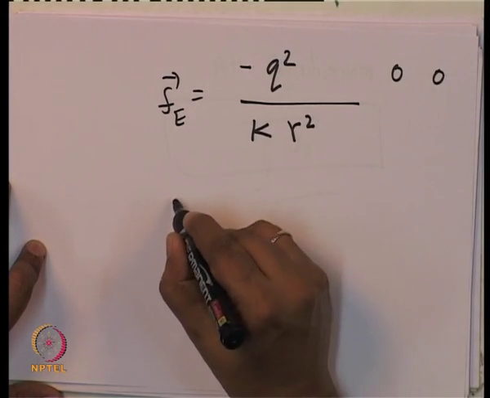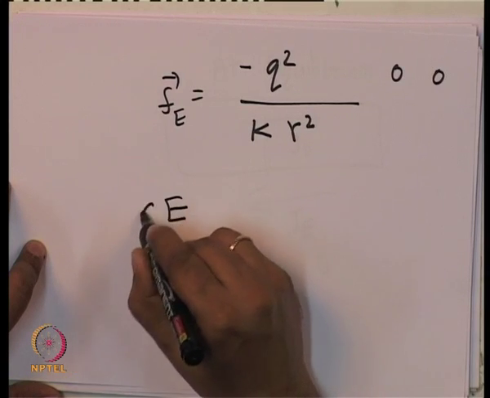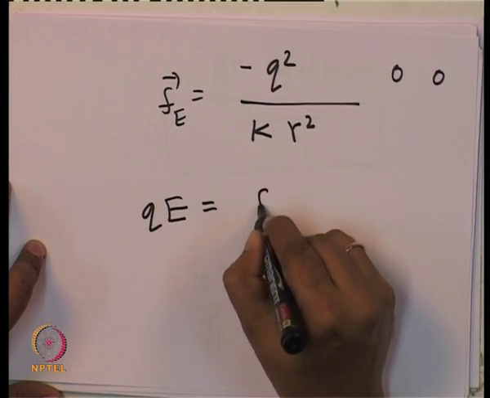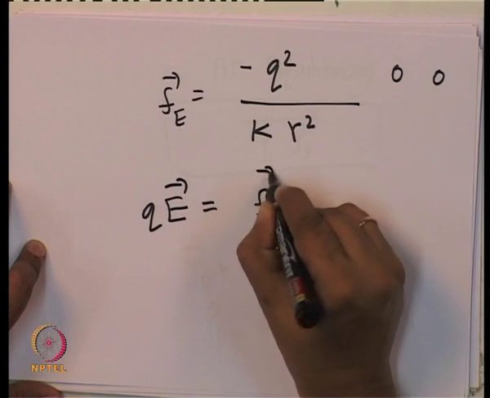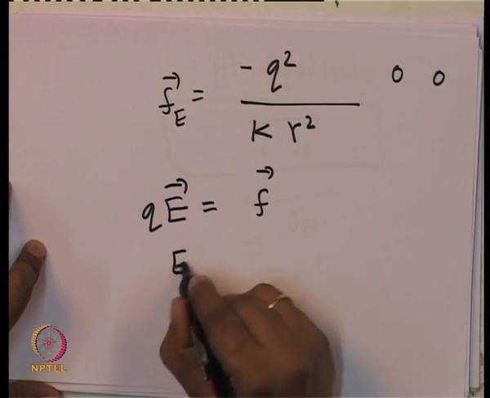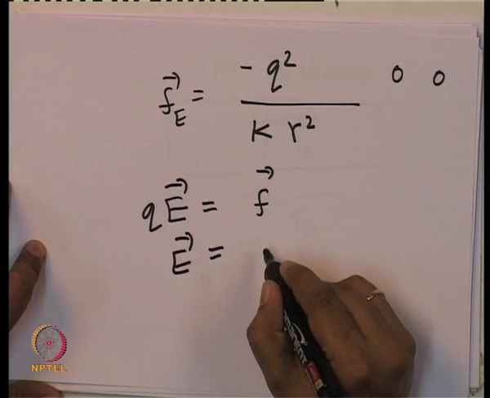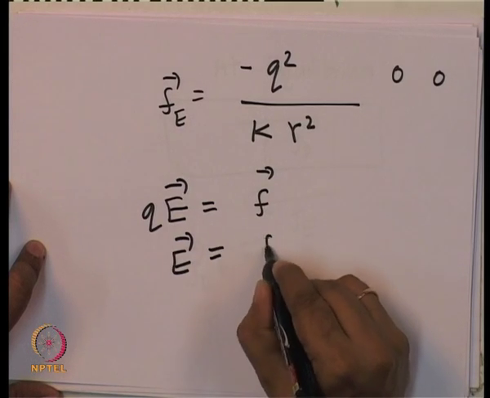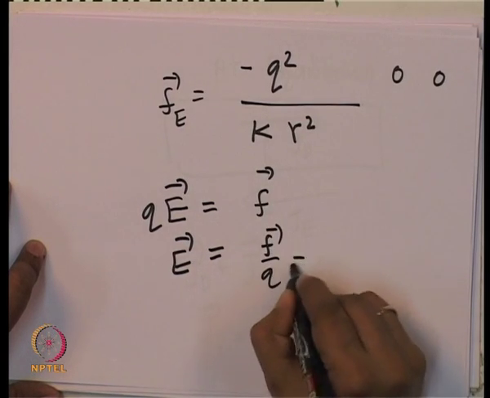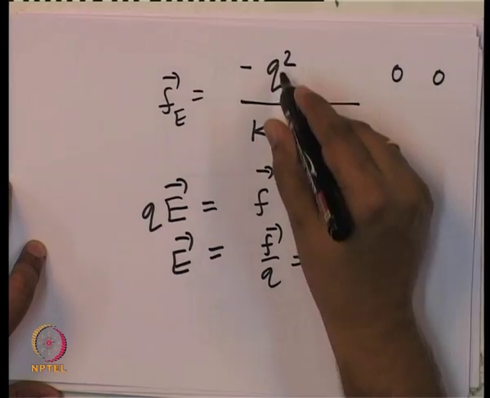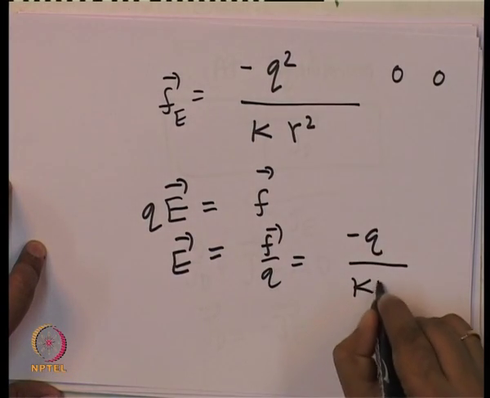Now, we also said a minute ago that q E is equal to F. So, what does this mean? E is equal to F by q, which is q by k r square.